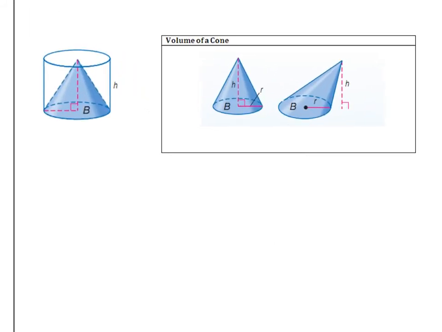How does that change for a cone? The answer is very, very similar to a cylinder. To remember, we just had pi r squared times height. That was for the cylinder. Now we're just taking that one step further. Pi r squared times the height, once again, divided by 3.